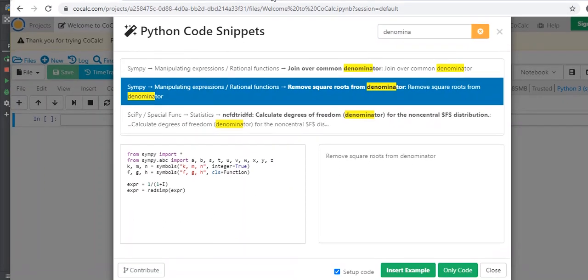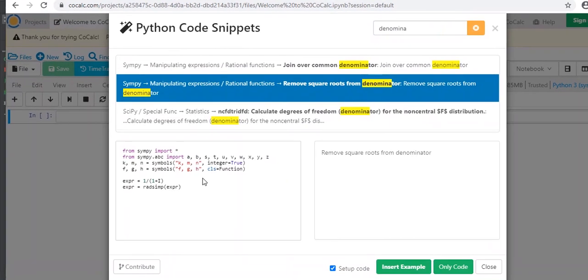And the nice thing about this is it's not having you initialize a session in SymPy like we did before, but it does something similar. It imports everything. It sets some symbols because it doesn't know exactly what you're going to do. It makes a variable called expr, short for expression, and then it has you do the radsimp of the expression.